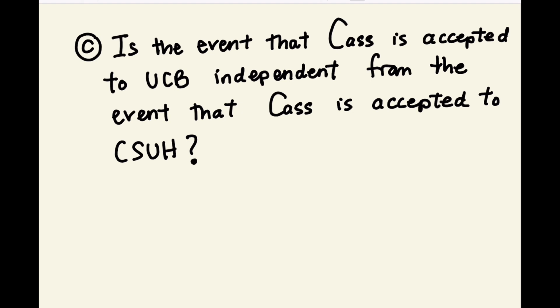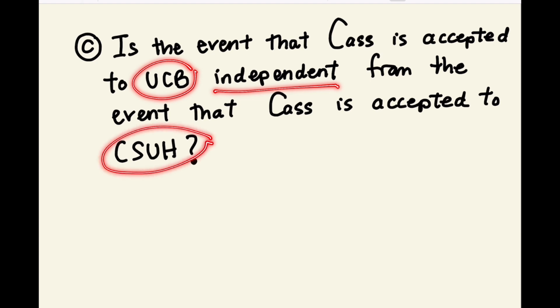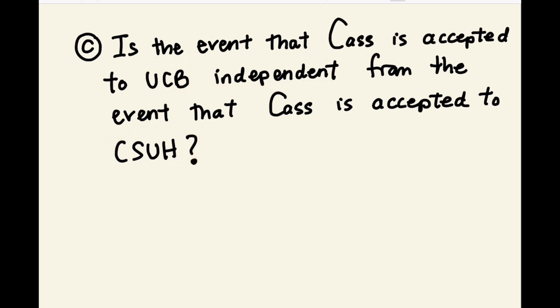The last question we want to take a look at is the following. Is the event that Cass is accepted to UC Berkeley independent from the event that Cass is accepted to Cal State Hayward? There are various tests that you can use. However, since in Part B we just calculated the probability that Cass is accepted to Cal State Hayward given UC Berkeley, we just found this probability.